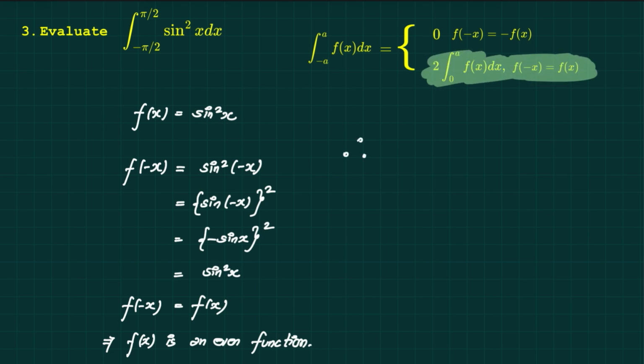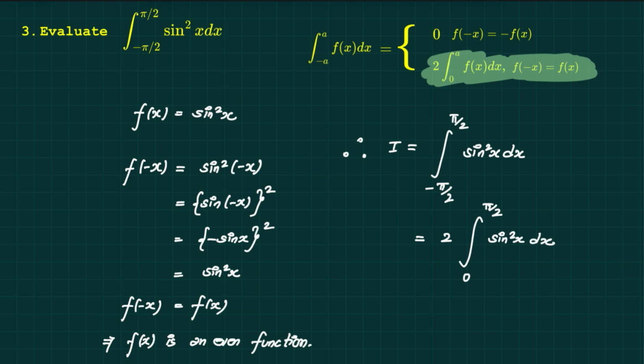Therefore my integral, that is I equals integration minus pi by 2 to pi by 2 sin square of x dx, following the property, we can write as 2 times integration from 0 to pi over 2 f of x dx, that means sin square x dx.